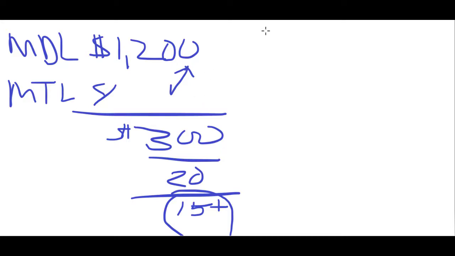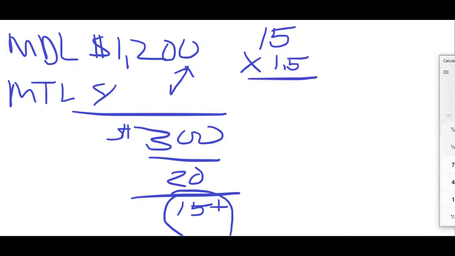But let's look at a 1.5. If you've got 15 points of risk and you multiply that by 1.5, that's 22 and a half of reward.